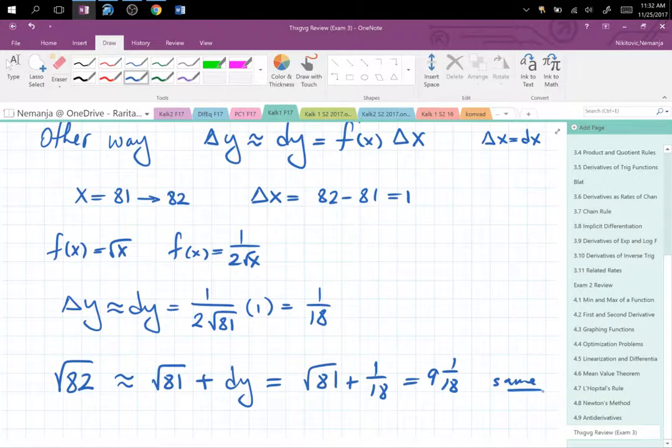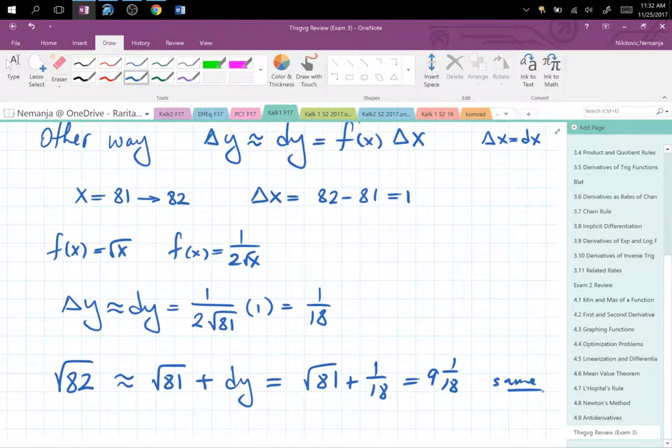I can't compute root 82, but I can compute root 81. Now, since I changed my x from 81 to 82, there also has to be a change in the y values that it produces. We are computing with this method that change, and that change is what we either add or subtract to the one that we can compute to approximate what we want to compute. So, square root of 82 is approximately equal to square root of 81 plus the change in y, and that's that 1 over 18 which we computed from the differential.